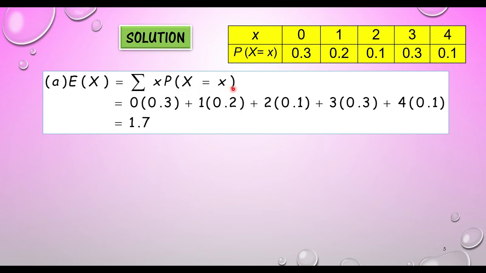So you need to multiply 0 with the probability 0.3, 0 times 0.3, plus 1 times 0.2 plus 2 times 0.1 plus 3 times 0.3 plus 4 times 0.1. Add up all of this and you will get the value 1.7.